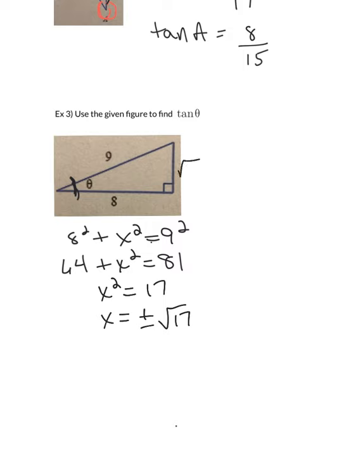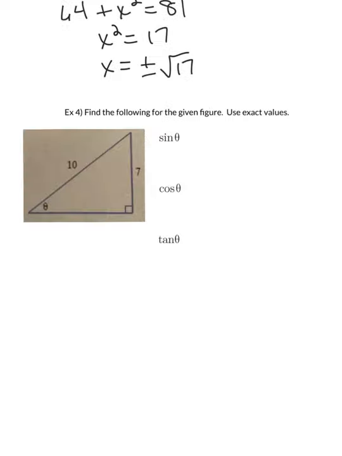So the side that we don't know is the square root of 17. Now that we know the side across from angle theta, we can do the tangent for theta, which is the opposite, the square root of 17, over the adjacent, the leg connected to theta, which is the 8.